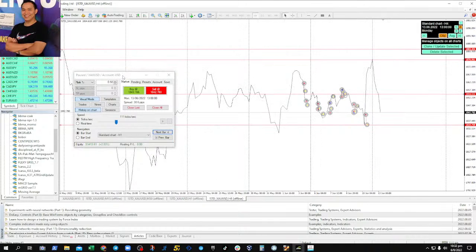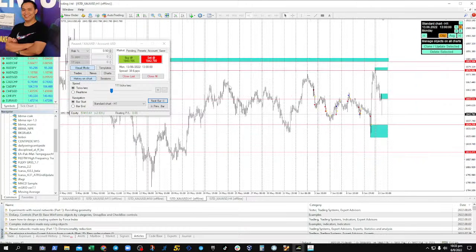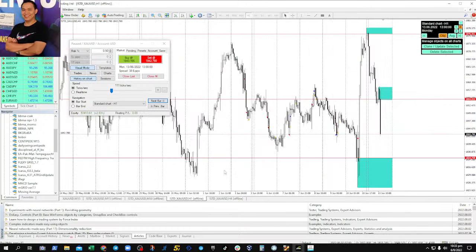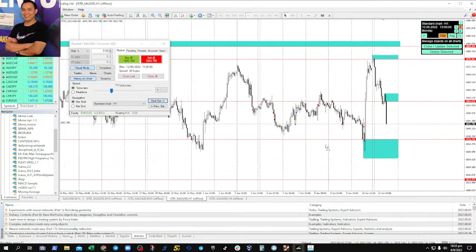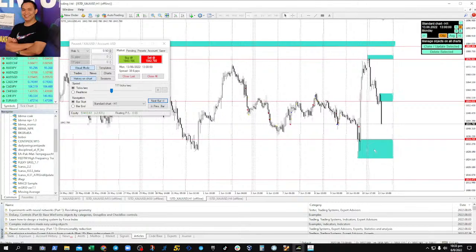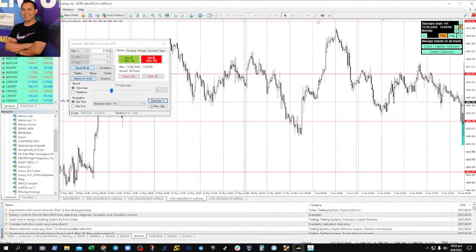Looks like I need to mark that in our H4 level as well. This one, then update it, go to H1, and let's mark the SNR level based on that.